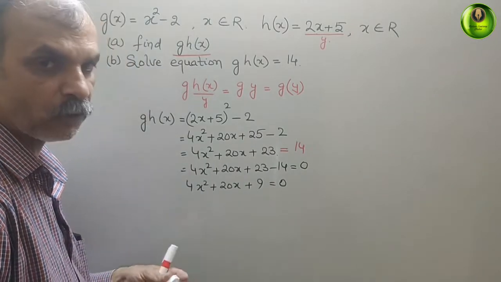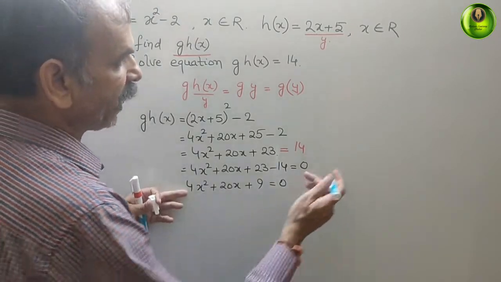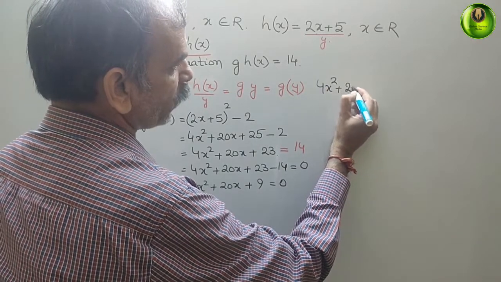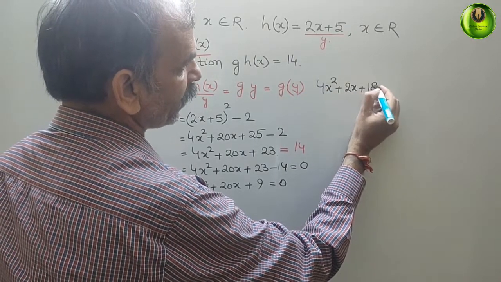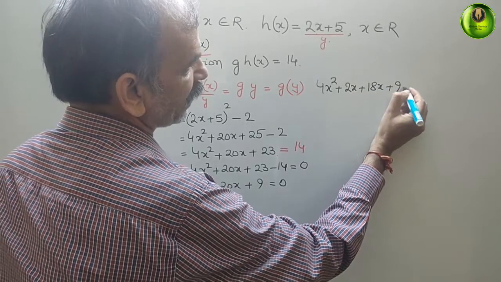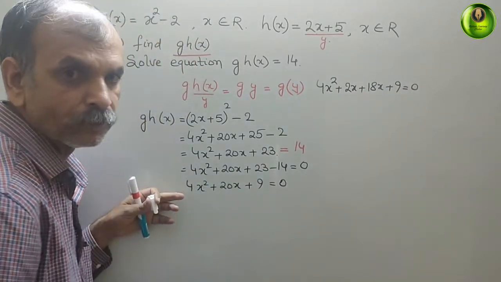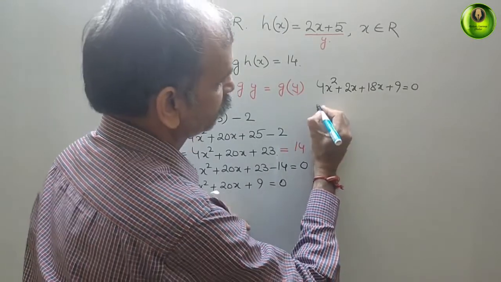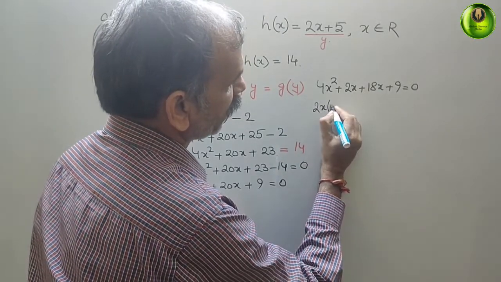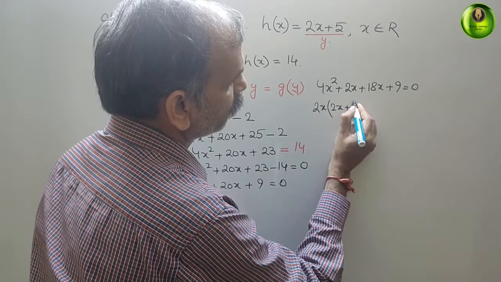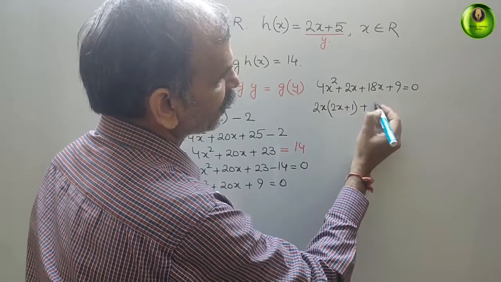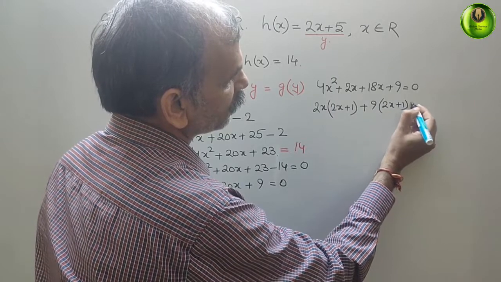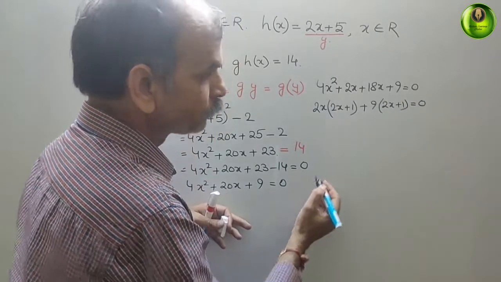Therefore we will now split it and write it as 4x squared plus 2x plus 18x plus 9, that gives you 0. Here the common factor in this is 2x, so here it will come 2x plus 1. Here the common factor is 9, again you will get 2x plus 1, that is equal to 0.